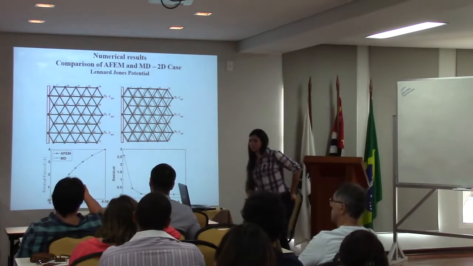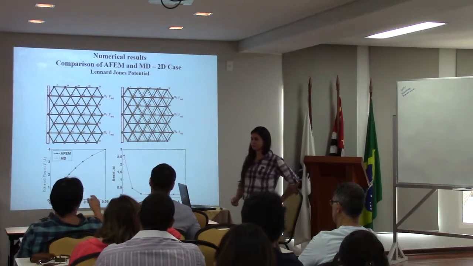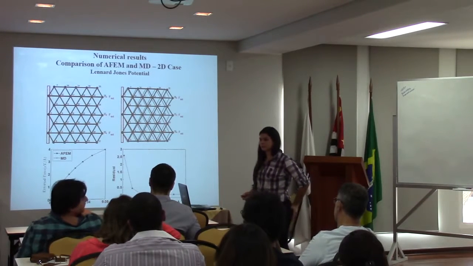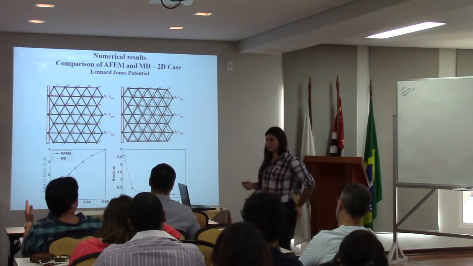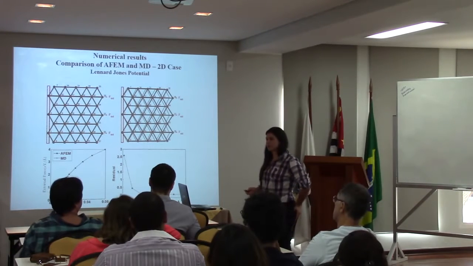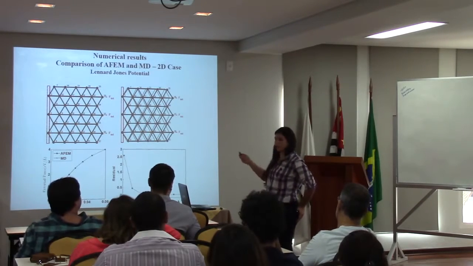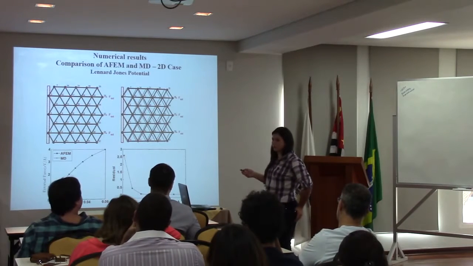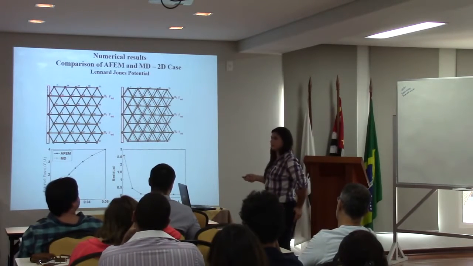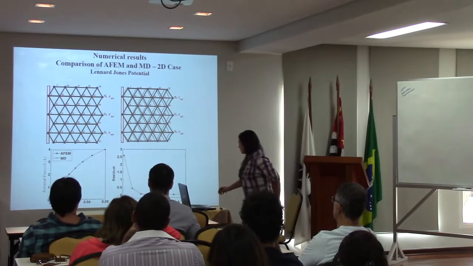I guess this arrangement explains why you don't use a periodic boundary condition, because you fix one side and apply a force on the other side. Yeah, in MD I'm doing the same. I'm not considering periodic boundary condition there, and I'm fixing and applying external force.